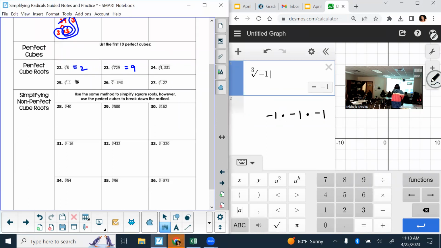So if you're told to take the cube root of a negative, just know your answer should be negative. Same thing, perfect cube roots give you integers. So like the cube root of 343 is 7. Questions on that?